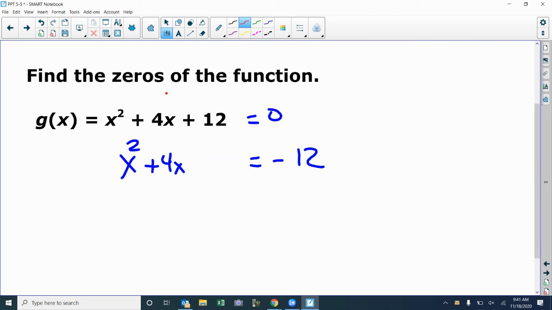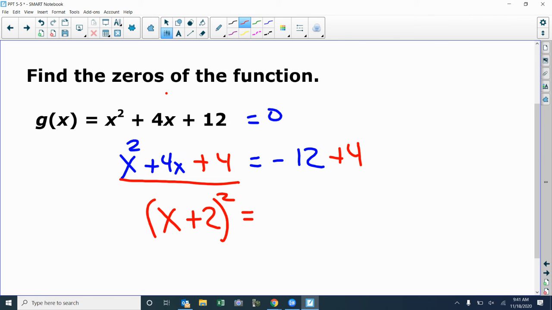Got to figure out what makes the perfect square trinomial now. Middle term's 4, half will be 2, squaring would be 4. Adding 4 to both sides. I've got my perfect square trinomial, always x, always that sign, always half of that middle term.